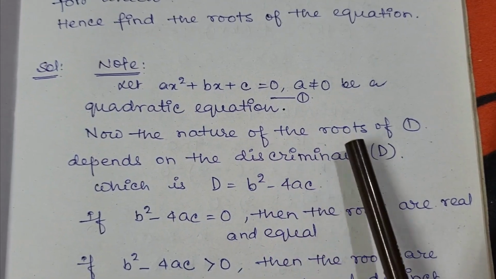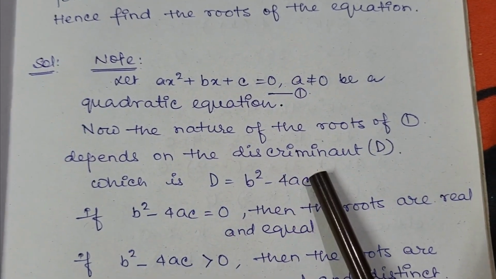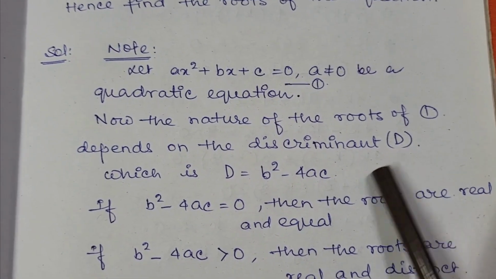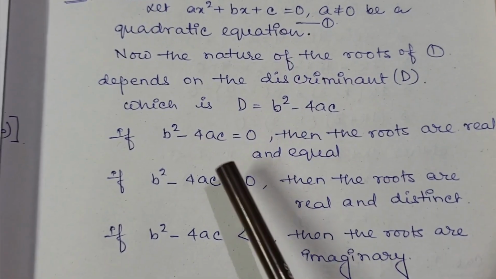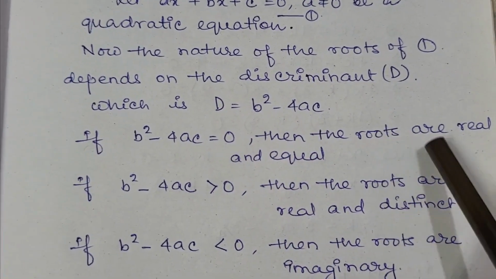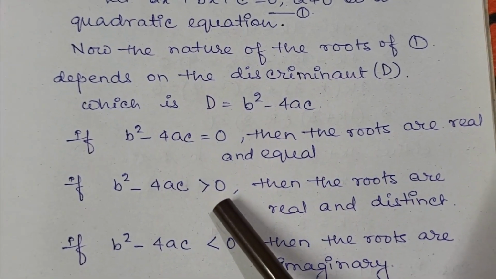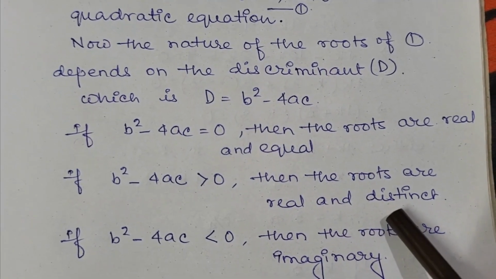Now the nature of the roots of this equation depends on the discriminant, which is denoted as D. Now what is the discriminant? The discriminant is b square minus 4ac. If the discriminant is equal to 0, then the roots are real and equal. If the discriminant is greater than 0, then the roots are real and distinct.